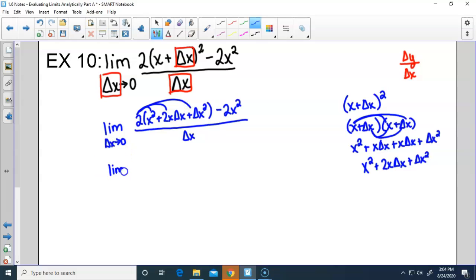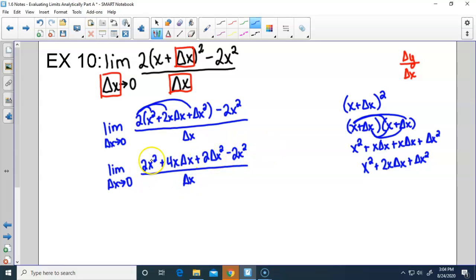So we've got the limit as delta x approaches 0 of 2x squared plus 4x delta x plus 2 delta x squared minus 2x squared, all over delta x.